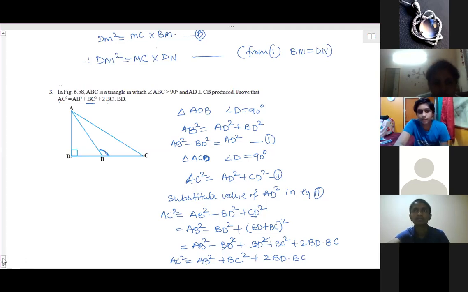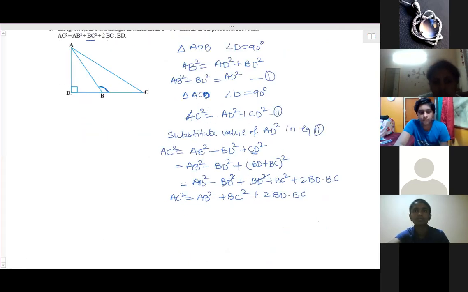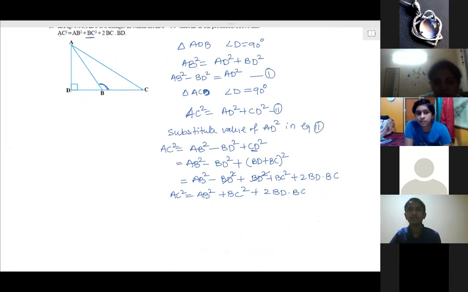Then the next question is also exactly similar. The only thing is, it is not an obtuse angle, it is an acute angle.